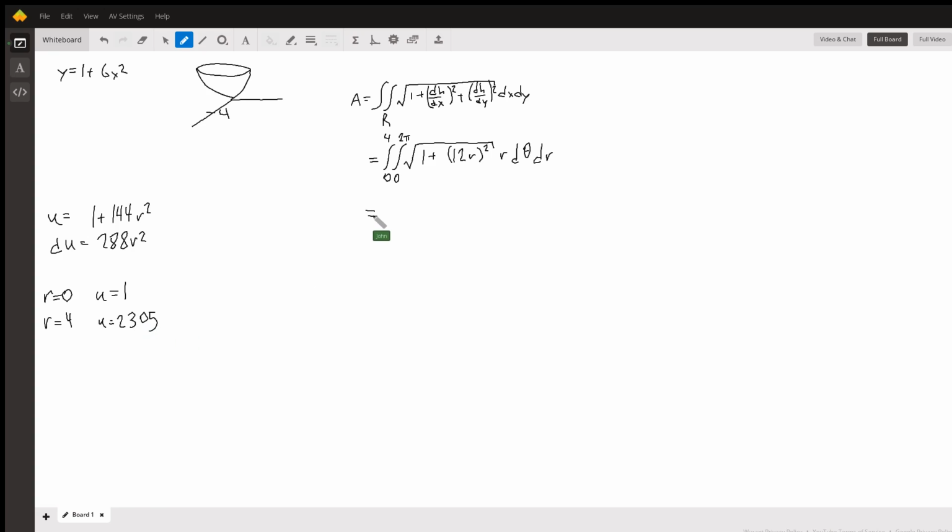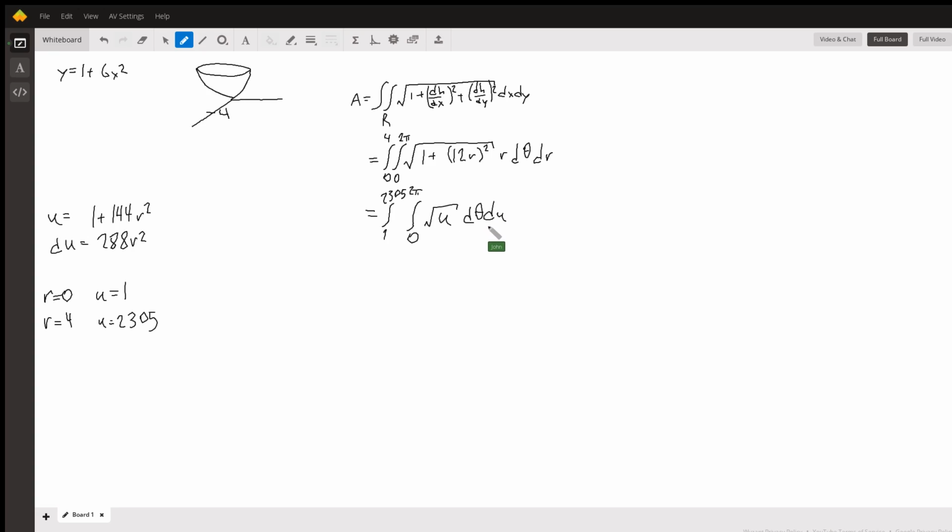So then our integral is the integral from 1 to 2305, and then integrate again from 0 to 2 pi of the square root of u d theta du.